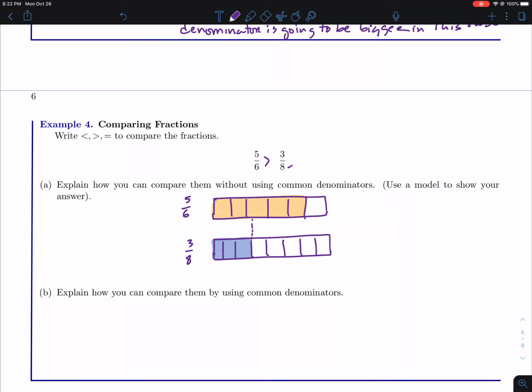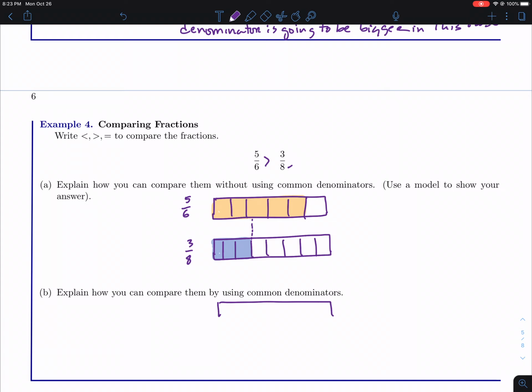Well, what we could do is start off like what we did with this model as well. So if I started off with, let's see if I can draw this the right way, 1, 2, 3, 4, 5, 6. Oh, hold on, I drew too many lines.